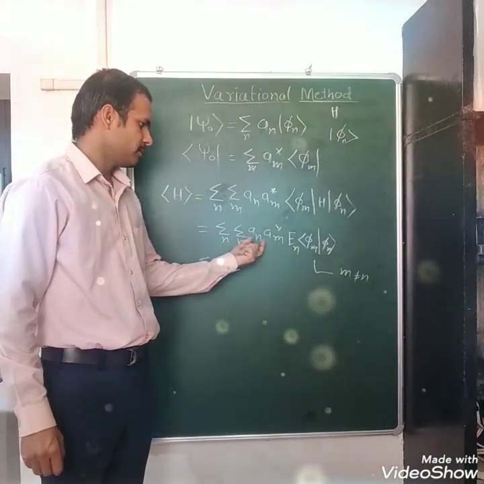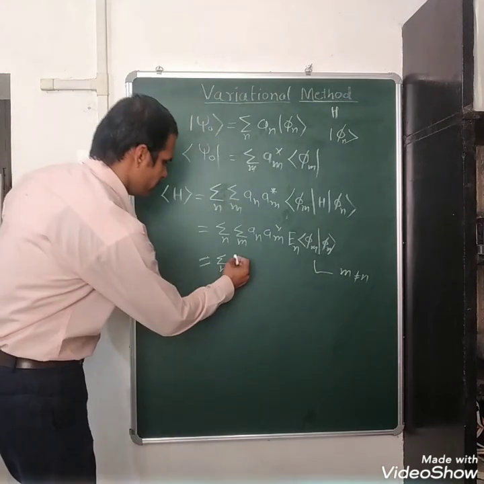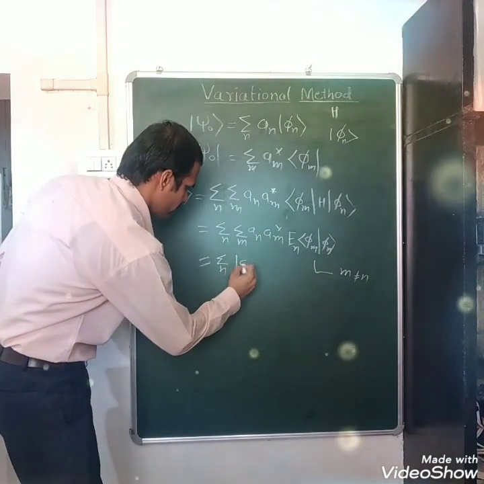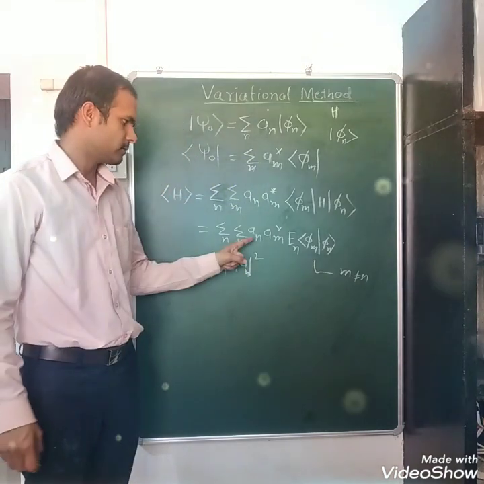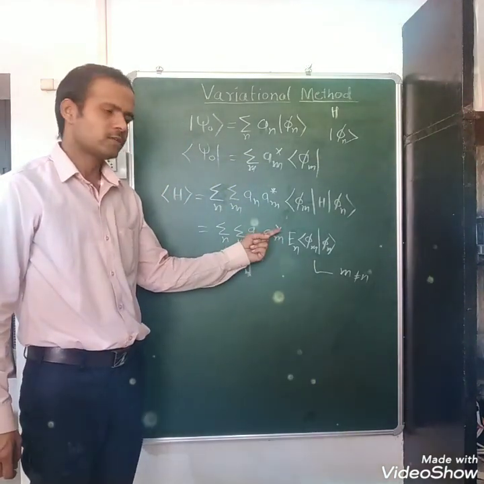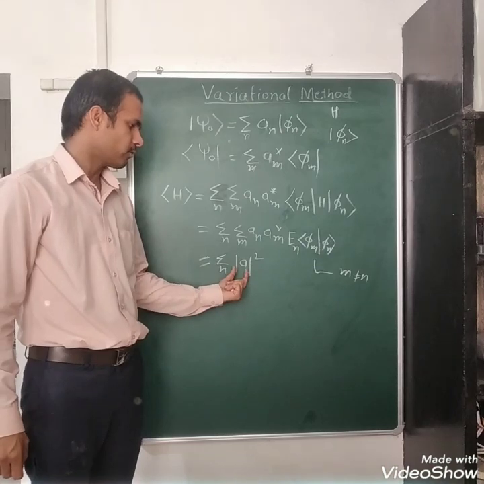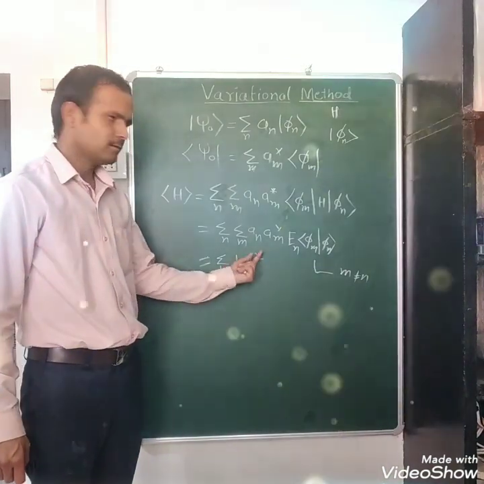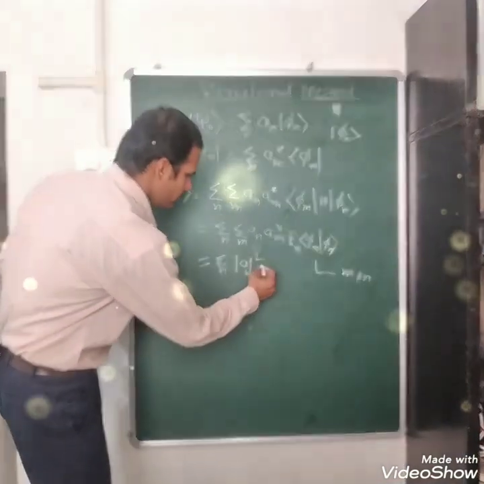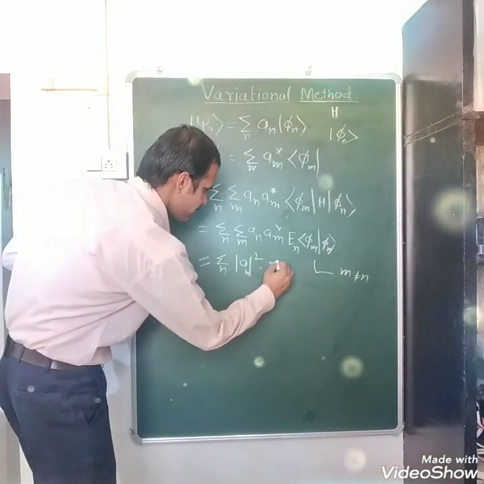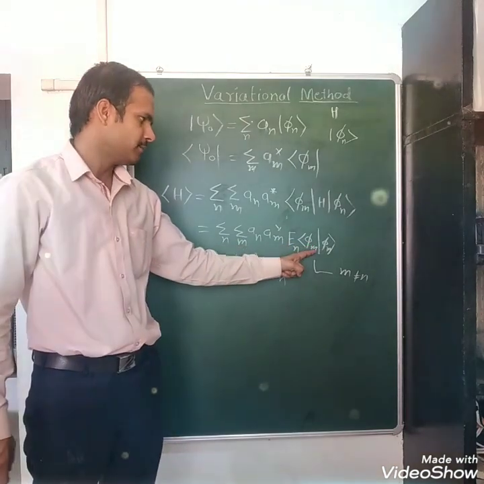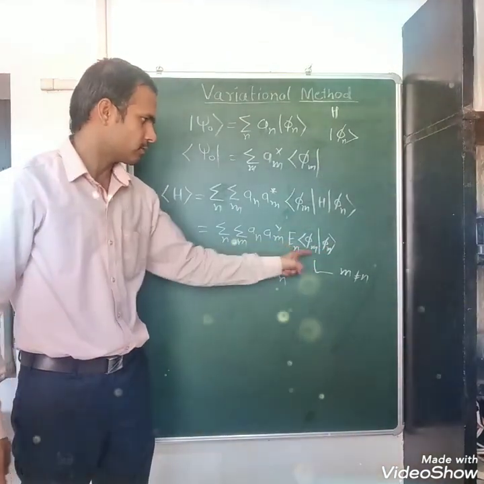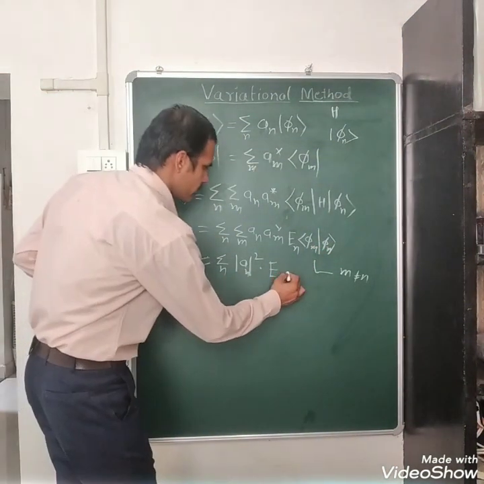If m is equal to n, then we can write this as mod an square. This is an, and this is star, so we have to take modulus of this an square into this en, and when m is equal to n, this inner product will be 1.